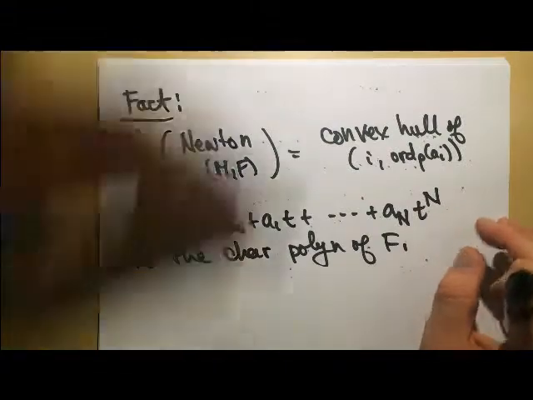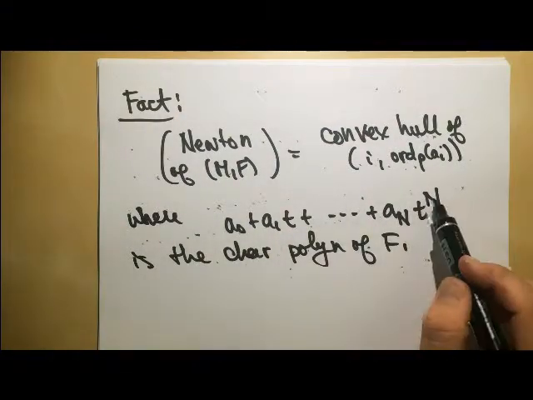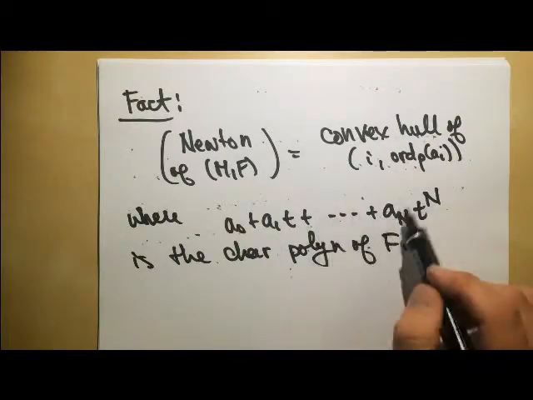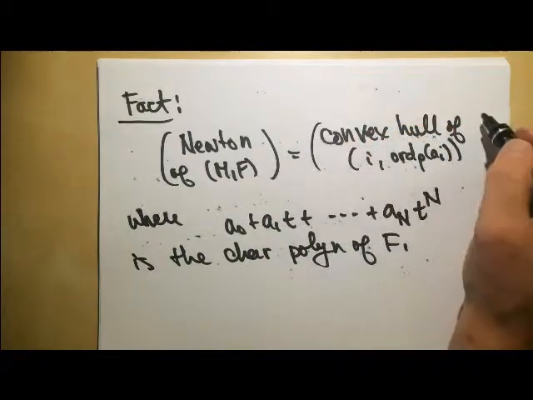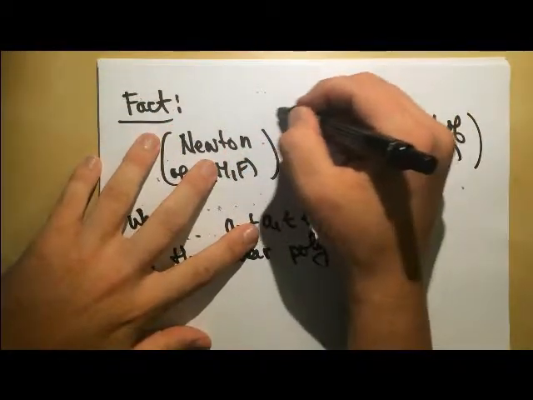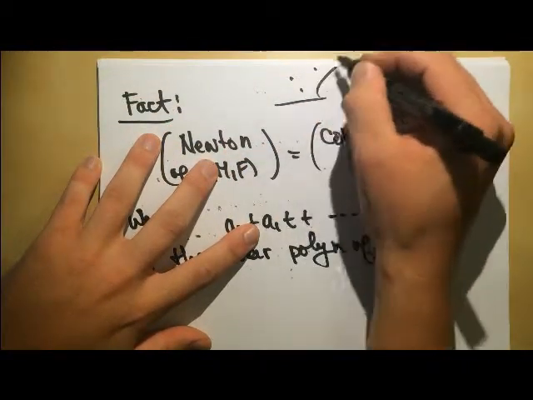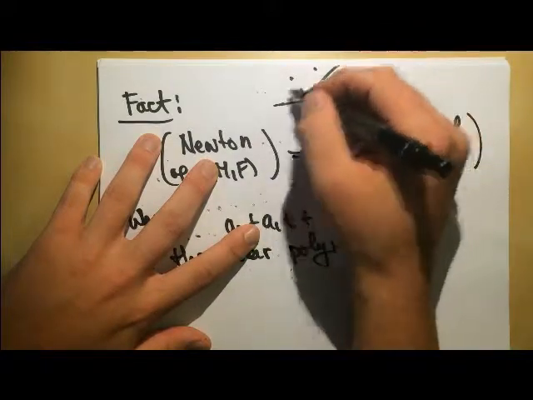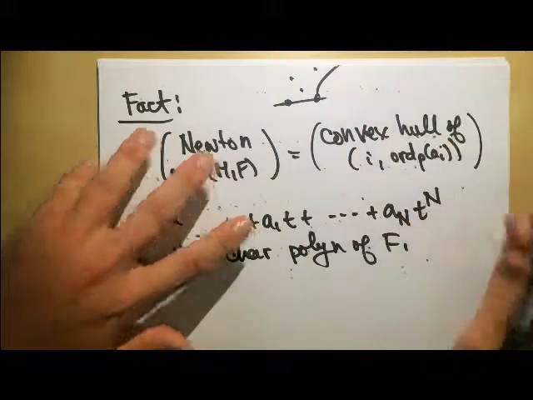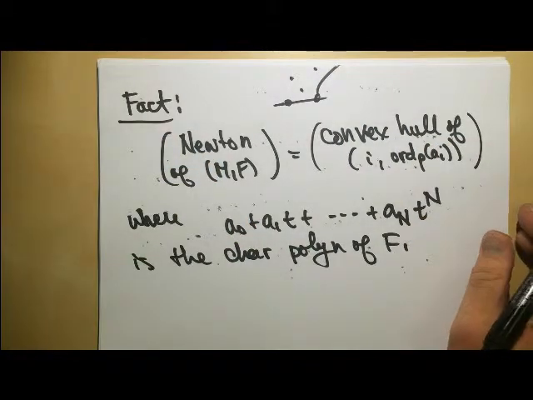The other way is to look at the coefficients of the characteristic polynomial of f, look at their orders, and then take the convex hull of these things. You may have some points sitting inside, but you'll end up taking the whole hull. Okay.